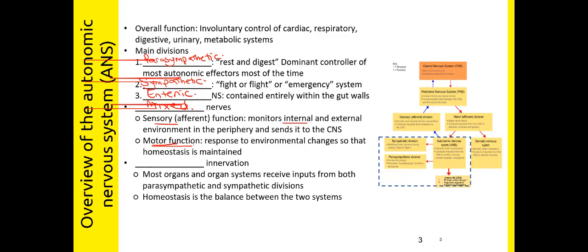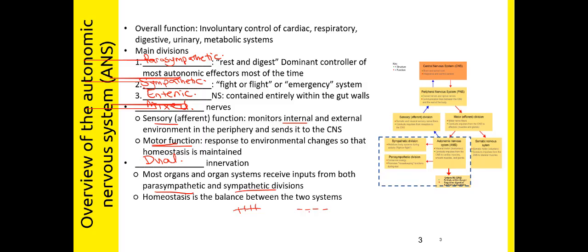Most organs in the body are said to have dual innervation. So dual means two. Most organs and organ systems in the body receive inputs from both the parasympathetic and sympathetic divisions. And really with those two, one division is always stimulatory and the other one is inhibitory, right?